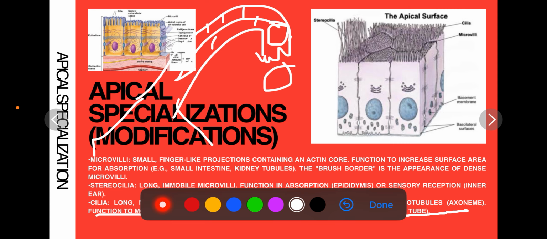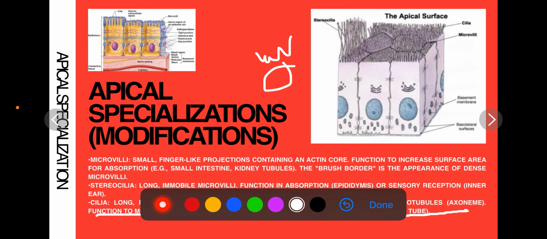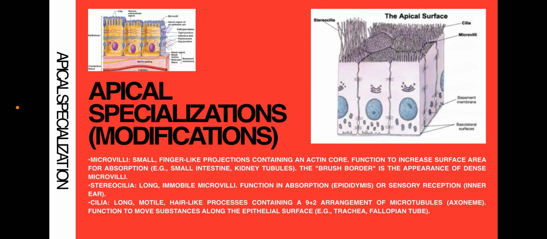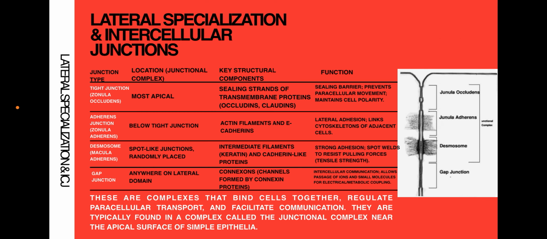So this is another apical modification or specialization. In simple terms, the epithelial cell has modified itself to do the function because the apical domain, or apical side, faces the environment and does the outside job.